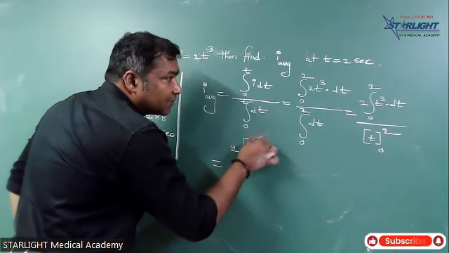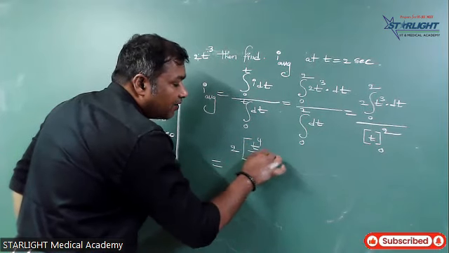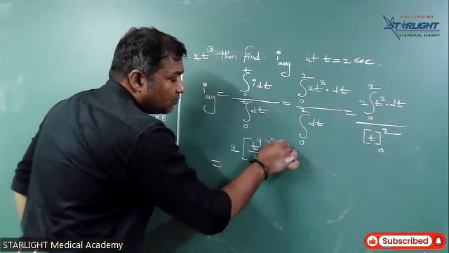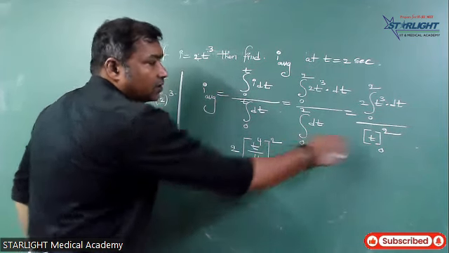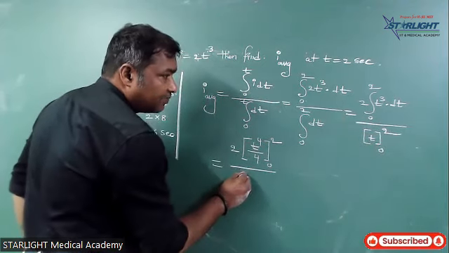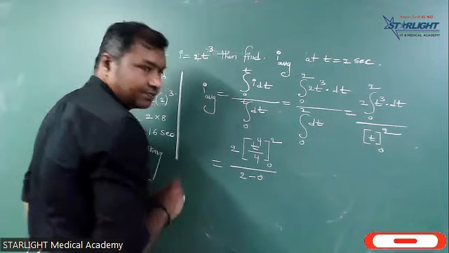Integral of t power n plus 1 upon n plus 1... that is t⁴ upon 4, limits 0 to 2. Substitute the upper limit minus the lower limit: upper limit 2, lower limit 0.